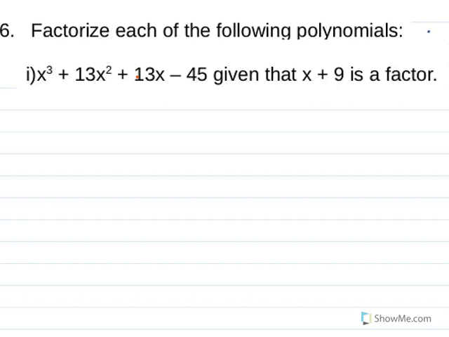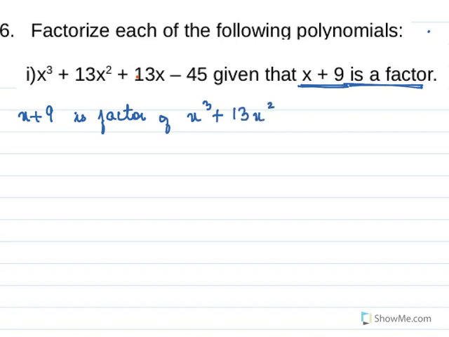Factorize the following polynomials. In this one, x plus 9 is a factor. So we have x plus 9 is a factor of x cube plus 13x square plus 31x minus 45.